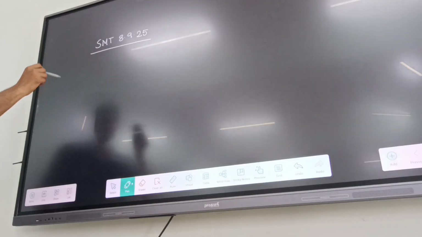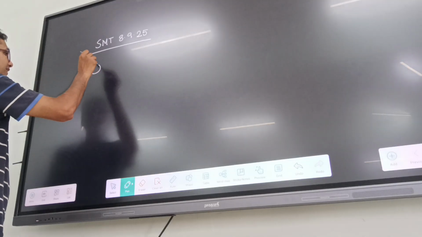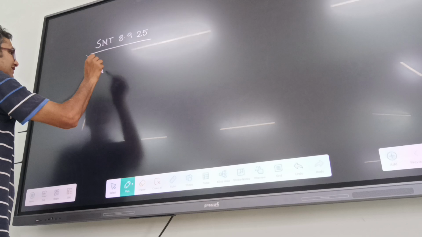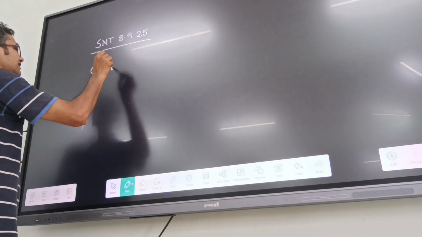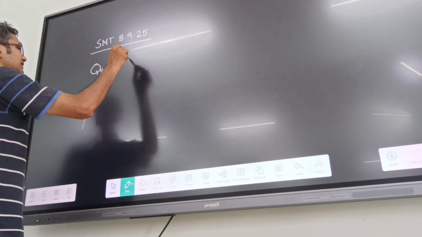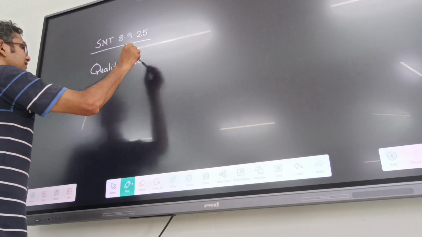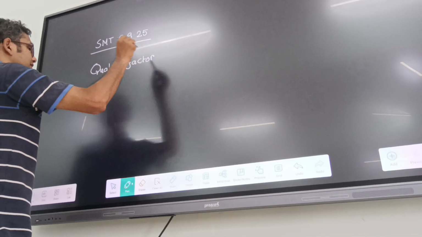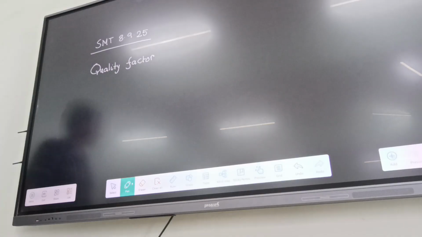Today we will first start with quality factors. Quality factor of a sensor.